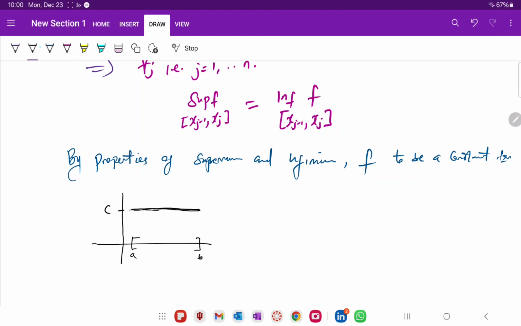So no matter how we divide our partition, our infimum of f over the entire interval will still be the same, because they are of equal height. So our function f has to be a constant function.